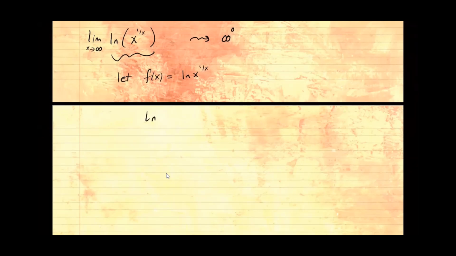So I have ln of f of x is equal to, now when you apply ln here, the exponent will come forward. So you'll have 1/x times ln of x. And 1/x, I can write it like this. So this is ln of x over x. So that's your function ln of f of x.